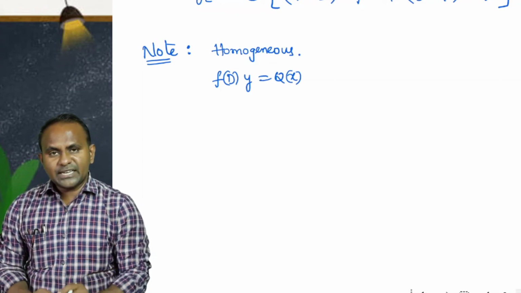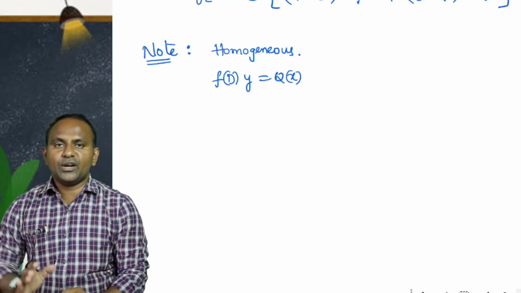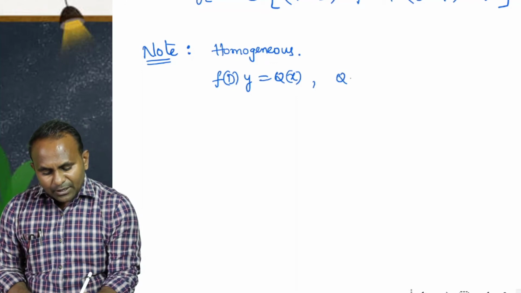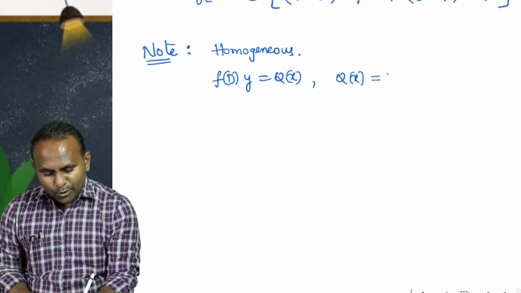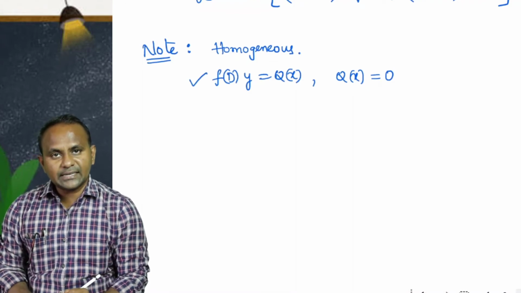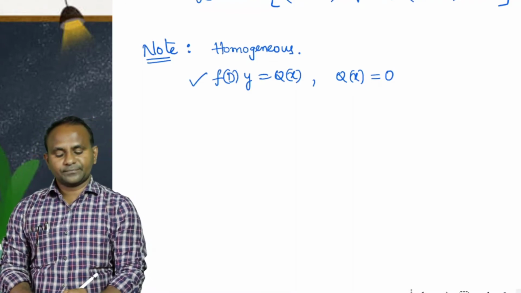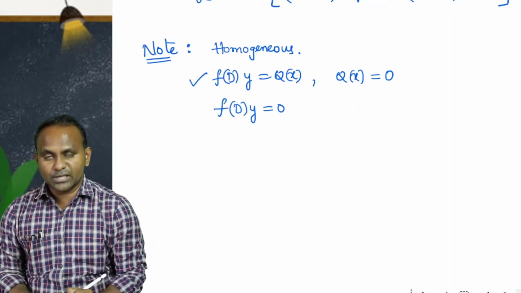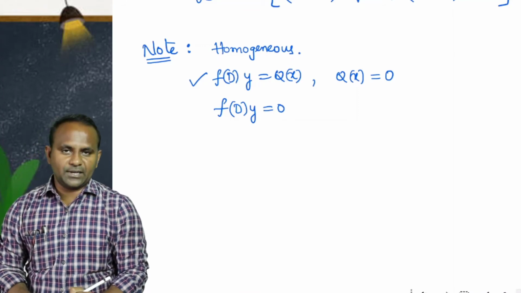But what is homogeneous here? What is a homogeneous higher order linear differential equation? It means whenever q, the right side function, is 0, this differential equation is said to be a homogeneous linear higher order differential equation. I mean to say your differential equation should appear in this way: f of D of y equals 0. This is your homogeneous differential equation.